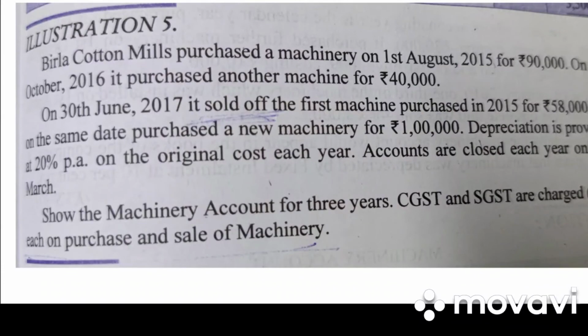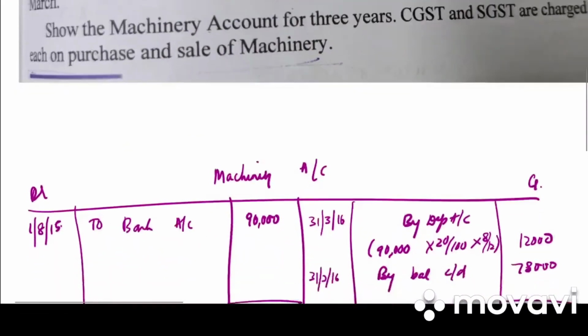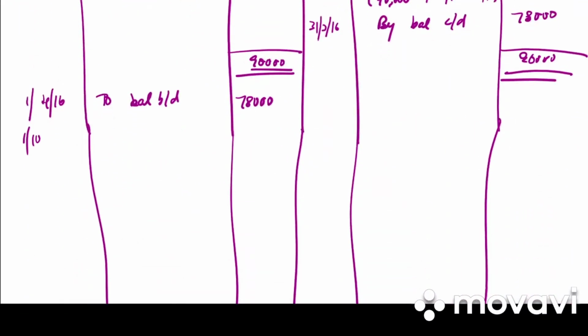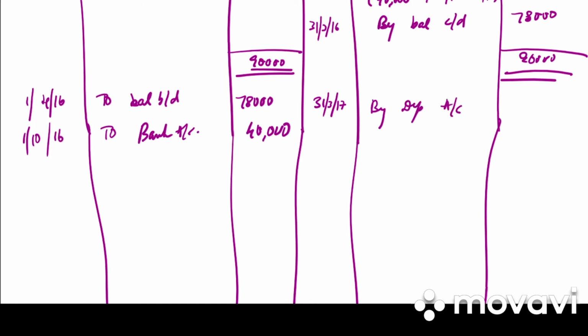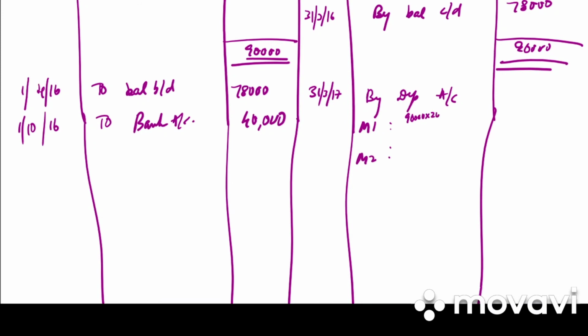Then it is said that on 1st October 2016 it purchased another machinery for 40,000. So 1st October 2016 to bank account 40,000. Next we charge depreciation on 31st March 2017 by depreciation account, machine 1, machine 2. Machine 1 is charged for the whole year. So it is 90,000 into 20 by 100, that is 18,000.